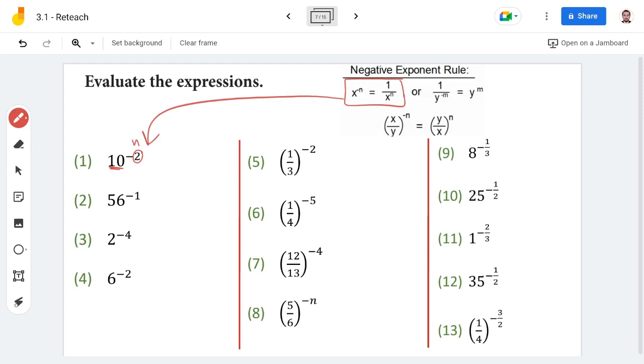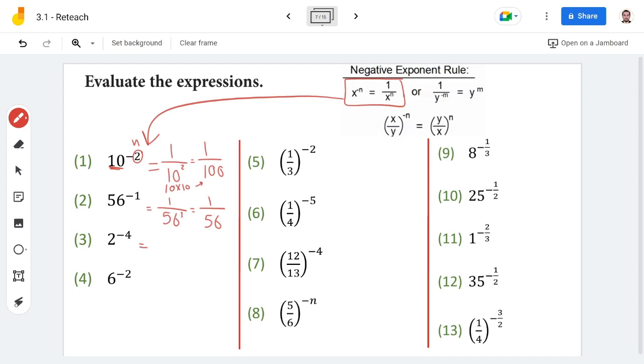The first one here is 1 over 10 to the power of 2, which is 1 over 100, right? Because 10 times 10 is equal to 100. This one here is 1 over 56 to the power of 1, and I told you to the power of 1 means the same thing, no change.